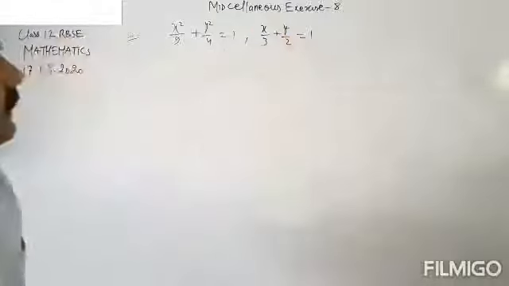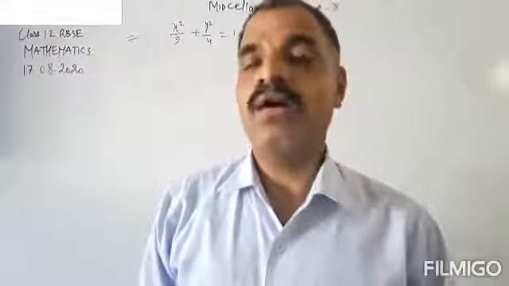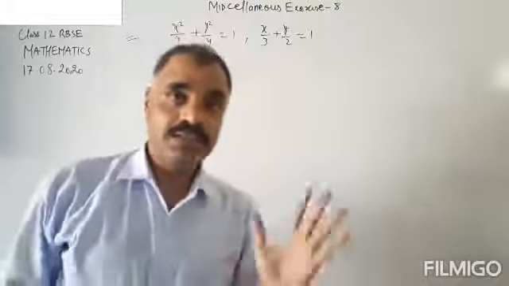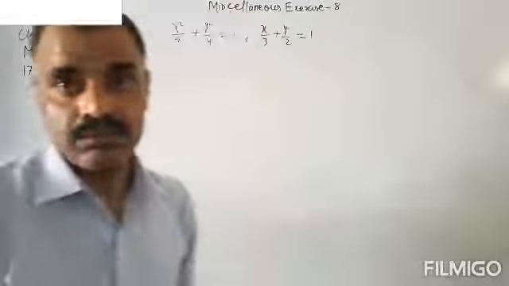This one is the ellipse and that one is the line. We have to find the area of the smaller region bounded by these two curves.